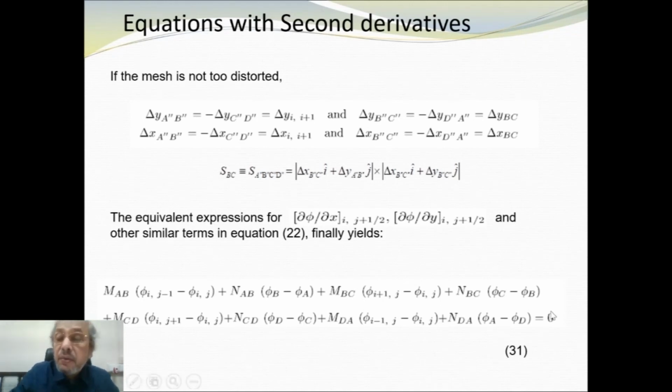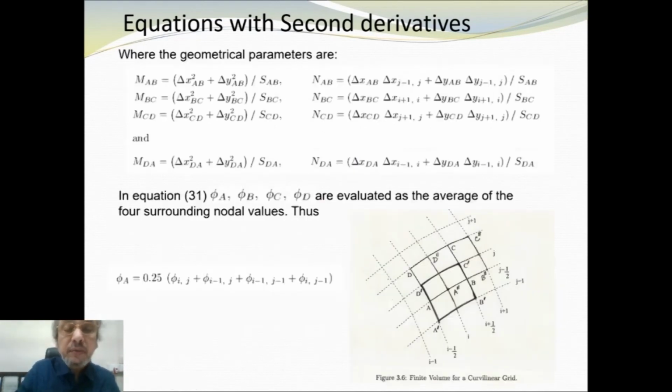But phi C, phi B, phi A are not nodal points. They lie between two nodal points, so they have to be evaluated in terms of nodal points.